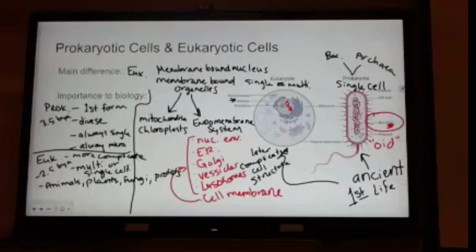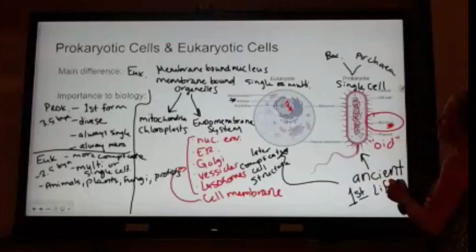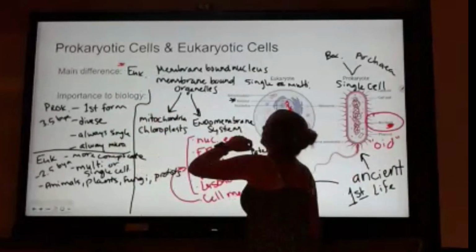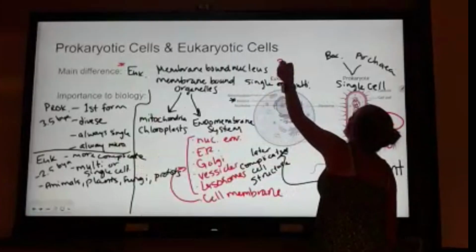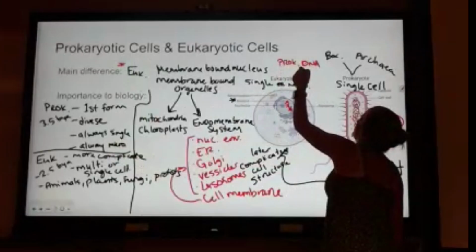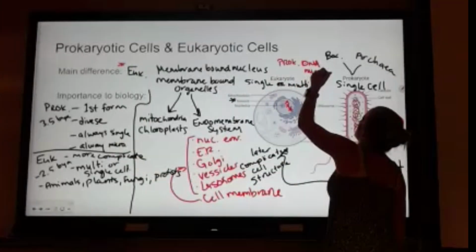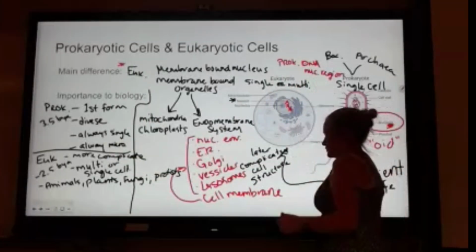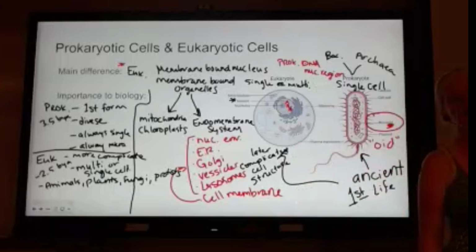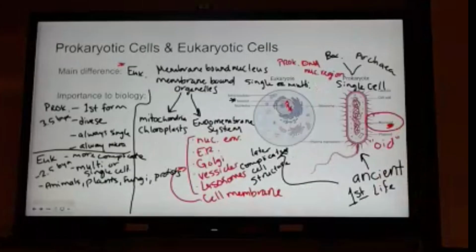It's not a nucleus because it is not membrane bound. So if you're going to remember one thing, eukaryotes have a membrane-bound nucleus. Prokaryotes, their DNA is in the nucleoid region. I know those words sound very similar, but sorry, you're just going to have to learn some vocabulary.